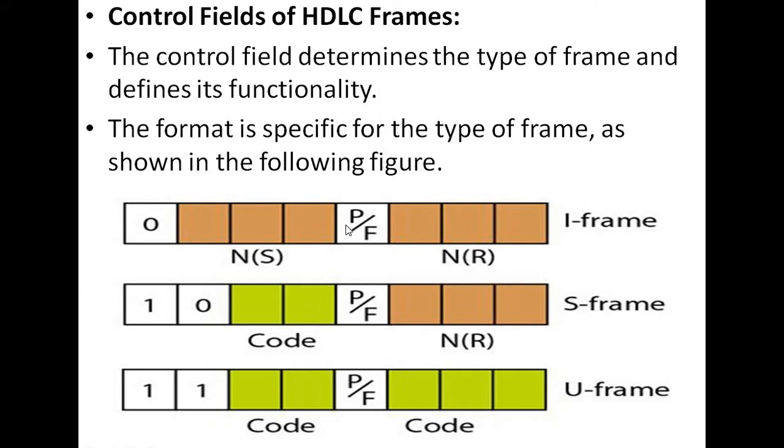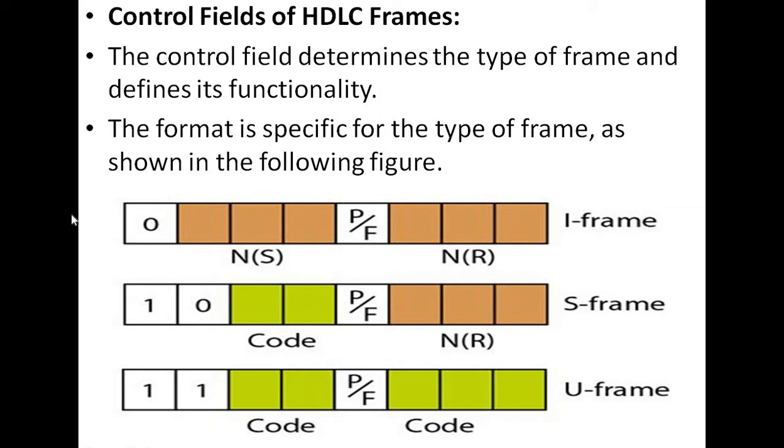That means the different type of frame format has its specific control fields. So this is the diagrammatic representation of I frame, S frame and U frame, that means information frame, supervisory frame and unnumbered frame.